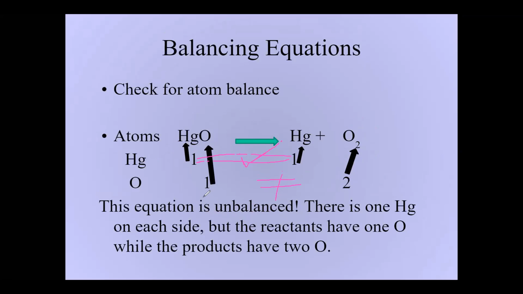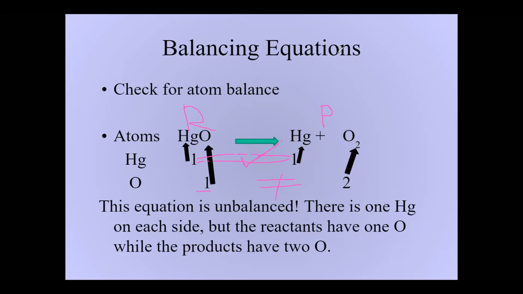We have one oxygen on the reactant side. As a reminder, this is the reactants, this is the products. One oxygen on the reactant side, but two oxygens on the product side. These numbers are not the same, so our chemical equation is not balanced.